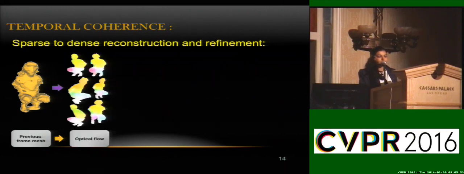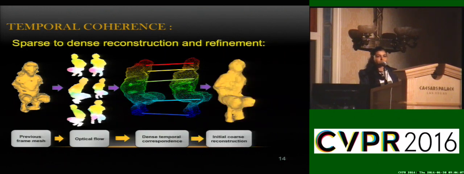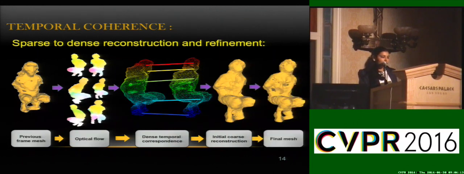The optical flow vectors are combined with the correspondences shown here. Obtain the initial coarse reconstruction for the dynamic object. Mesh shown on the right hand side.